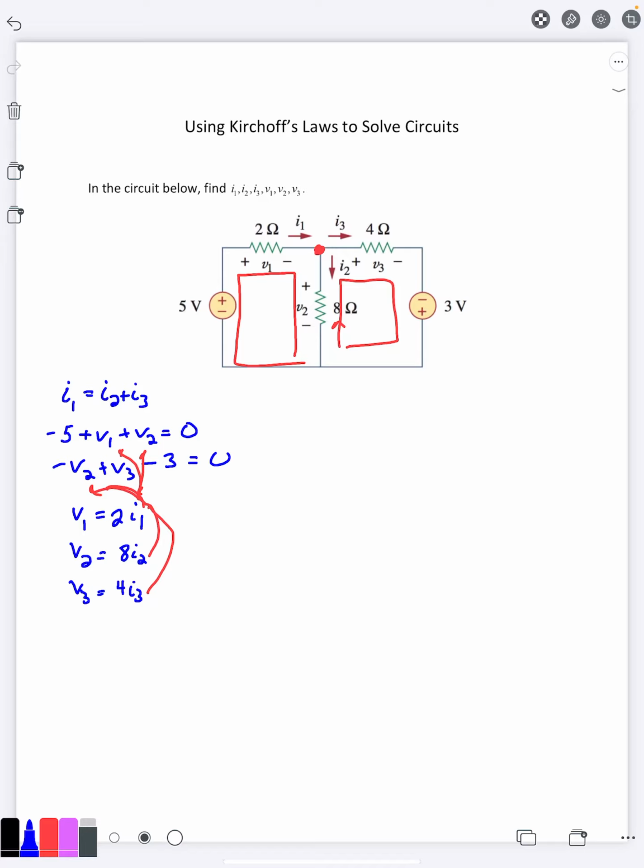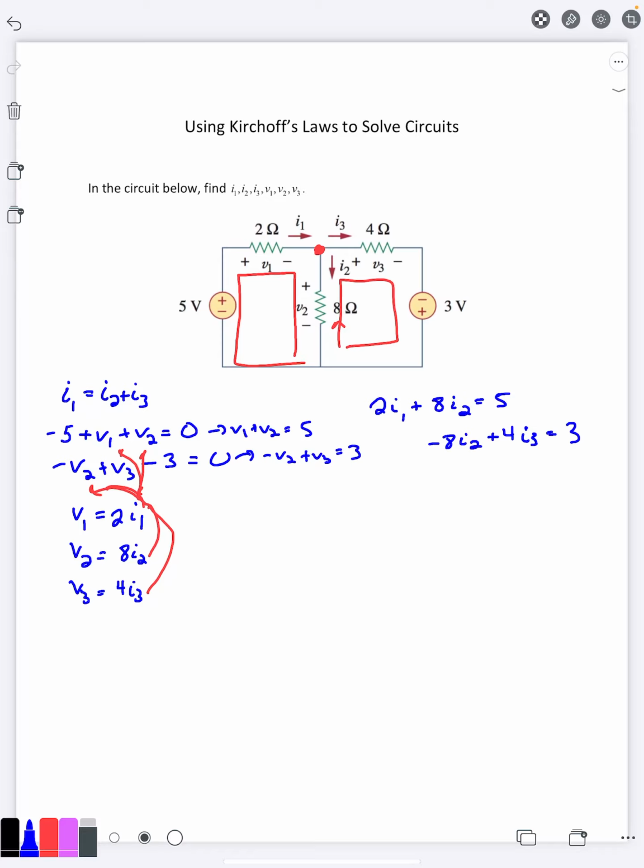And so if we look at this here, the middle equation was V1 plus V2 equals 5. So once I replace that, it's going to be 2I1 plus 8I2 equals 5. And then on the second one here, if I write this as negative V2 plus V3 equals 3, it's going to be negative 8I2 plus 4I3 equals 3.